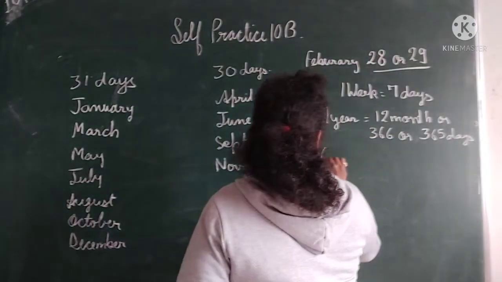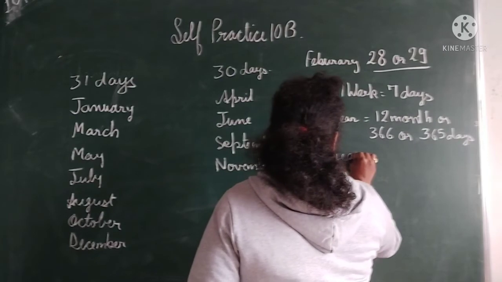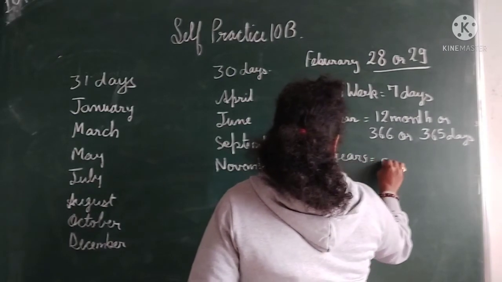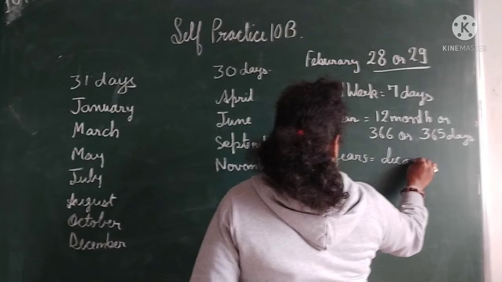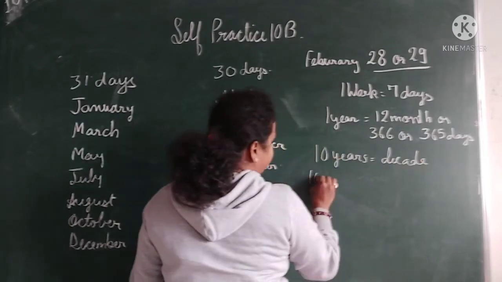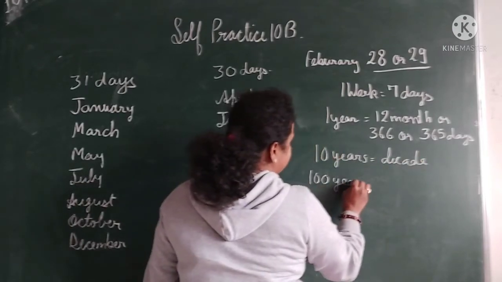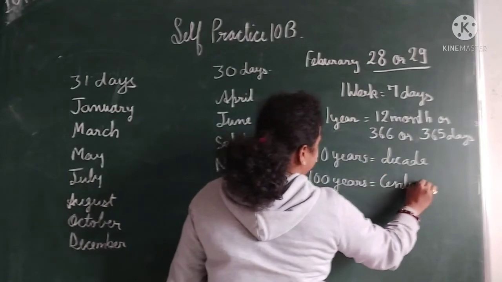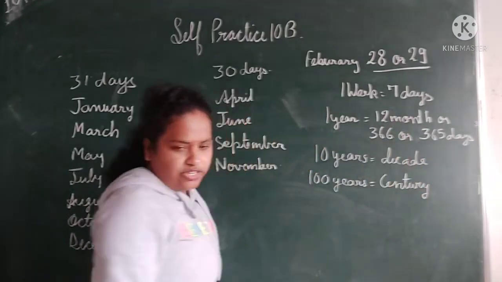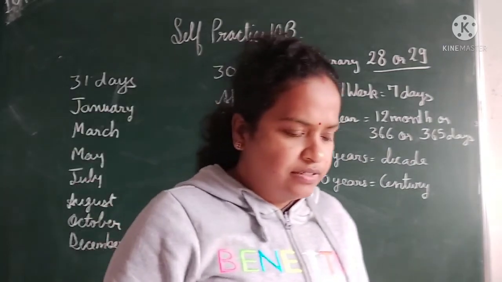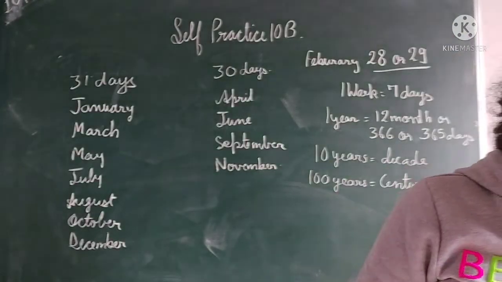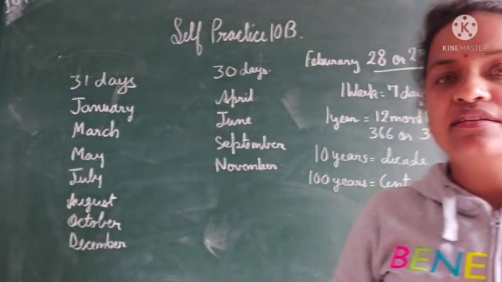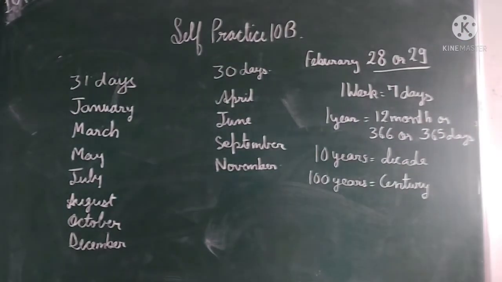When we calculate 10 years, we say it as a decade. Decade means 10. And when we complete 100 years, we say it as a century. What do you say for 100 years? Century. Okay. So this is about the days and dates.